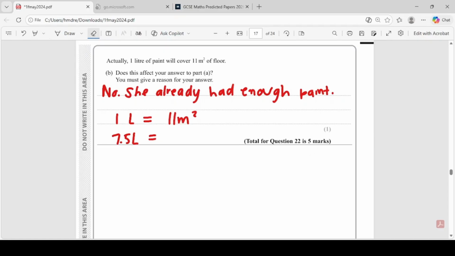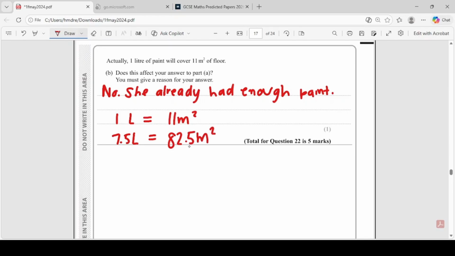I don't think you need to do this working out. I think you can just say she already has more than enough. But 7.5 times 11 means we're going to have 82.5. She has more than enough.